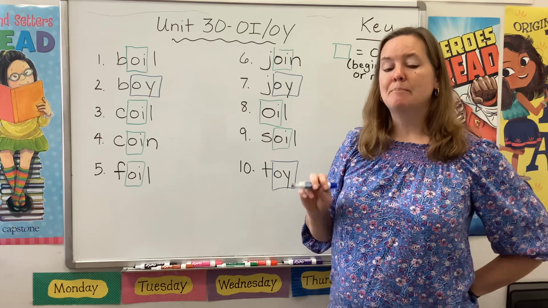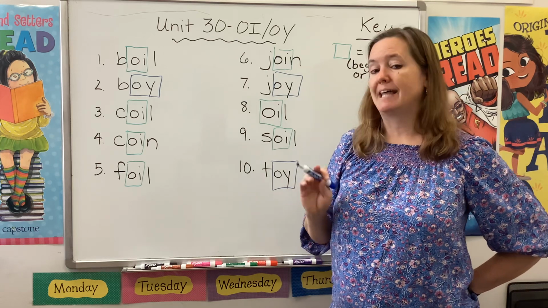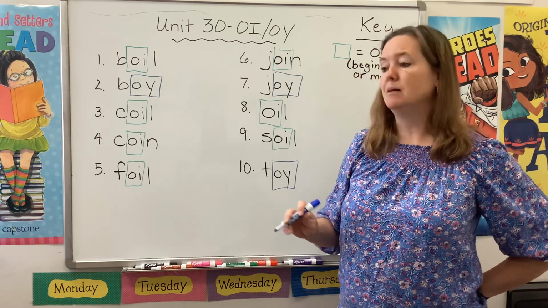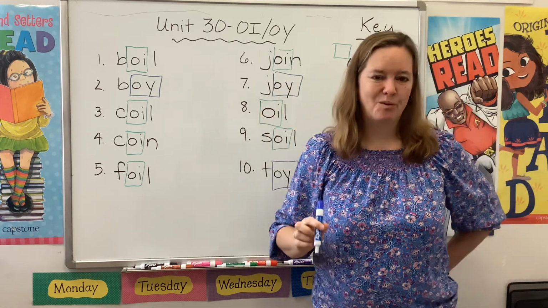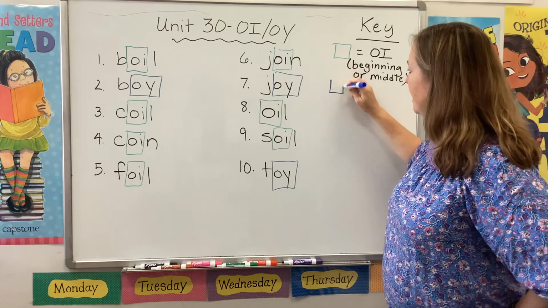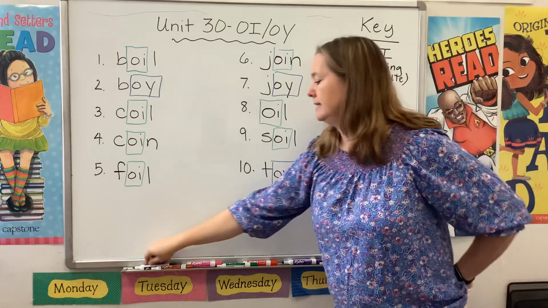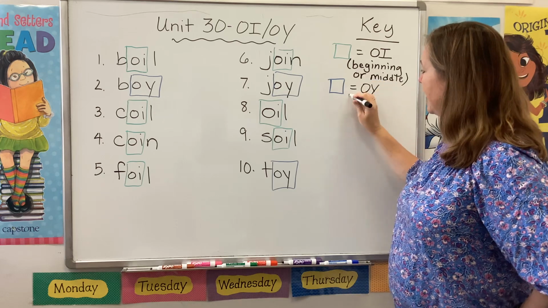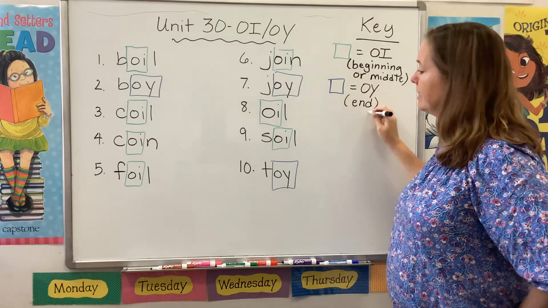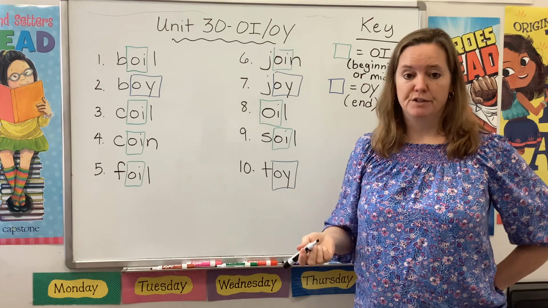If we are looking to make that oi sound at the end of a word or the end of a syllable, we're going to use OY, okay? So blue box equals OY, and that's going to show up at the end of a word or syllable.